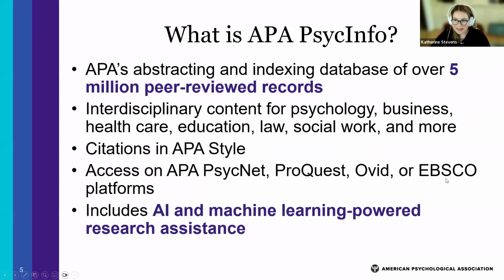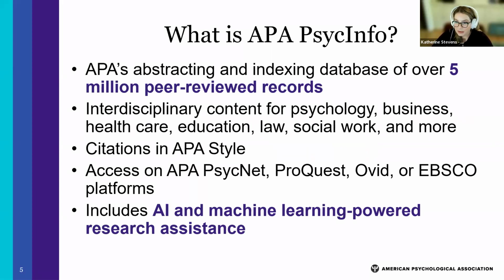So what is APA PsycInfo to start us out? For those of you who don't know, APA PsycInfo is our abstracting and indexing database of over 5 million peer-reviewed records. So that includes journal articles, books, dissertations, basically any kind of scholarly format you can think of.